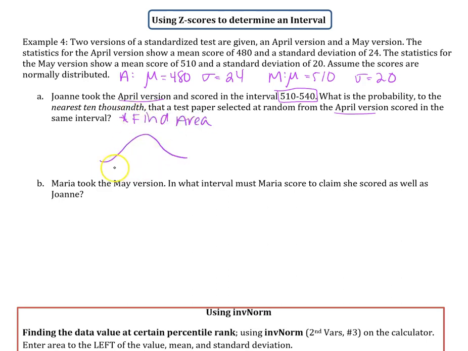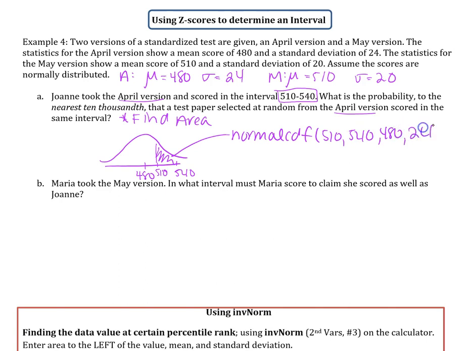So in a normal distribution, the center of this data set on the April version was 480, and she scored somewhere between a 510 and a 540. So anytime you're finding area, you're doing normal CDF. Low bound's 510, high bound's 540. Mean on the April version was a 480. Standard deviation's a 24.